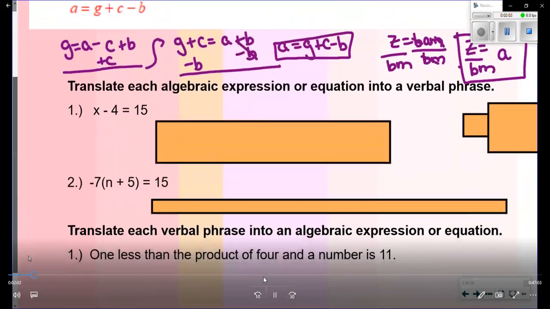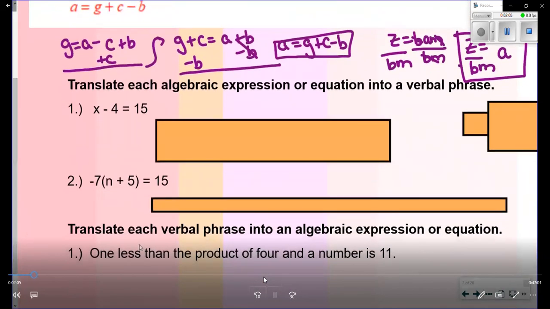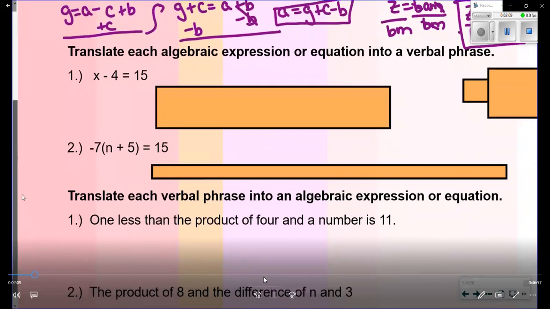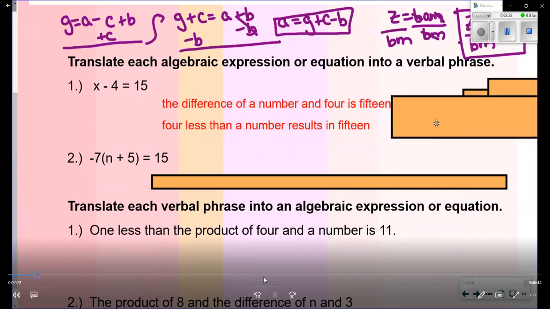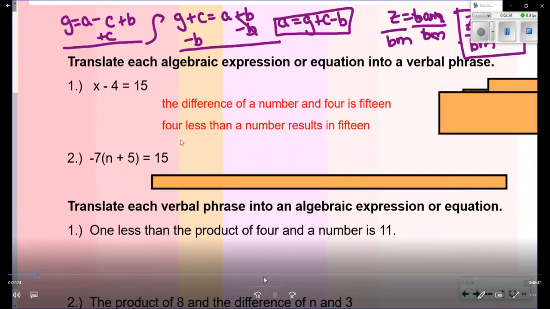So this is just a little review of translating from verbal to algebraic and the other way around. We have this expression, and we have to translate it. There are different ways of translating it. I already put 2 different ways, but there could be a lot of them. This one is the difference of a number and 4 is 15.